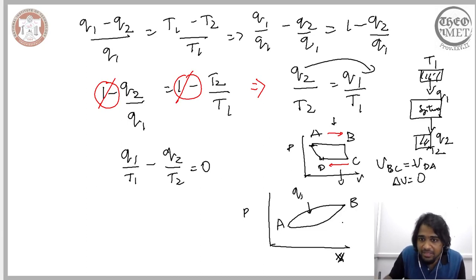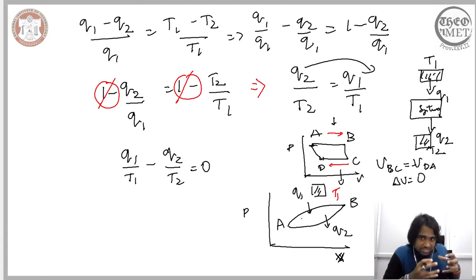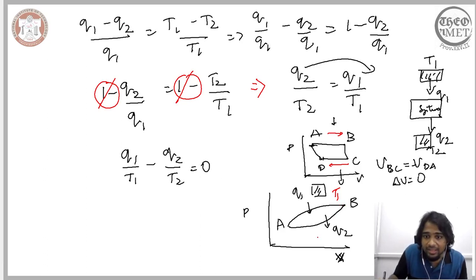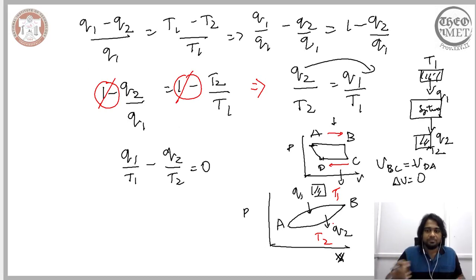From B, when you remove the heat, that is Q2, the system goes back to state A. So essentially you have a reservoir held at temperature T1, and from that the heat is transferred to the system, and therefore the system moves from state A to state B. Now a heat Q2 is removed from the system at B and sent to a reservoir held at temperature T2, and because of this removal of heat, the system moves back from B to A. So essentially what we have here is a cyclic process.